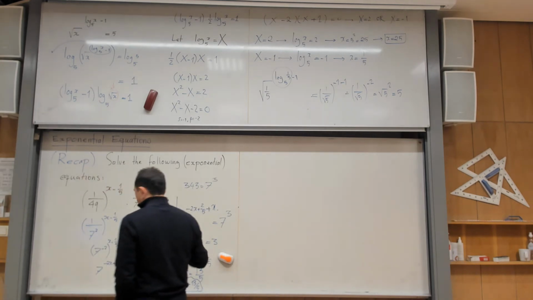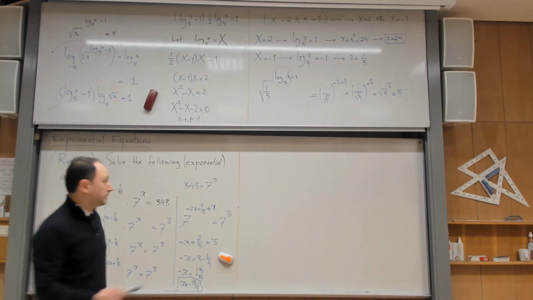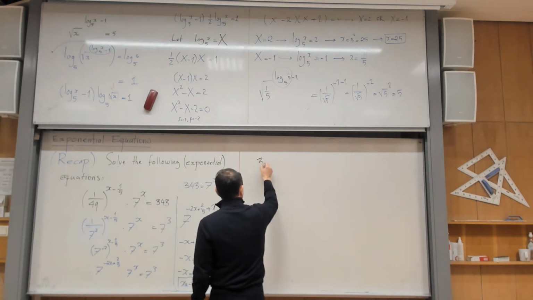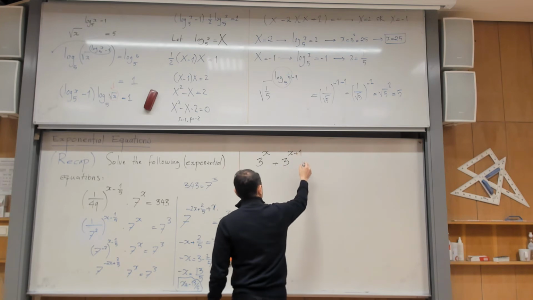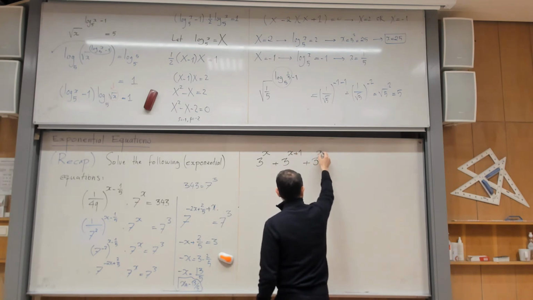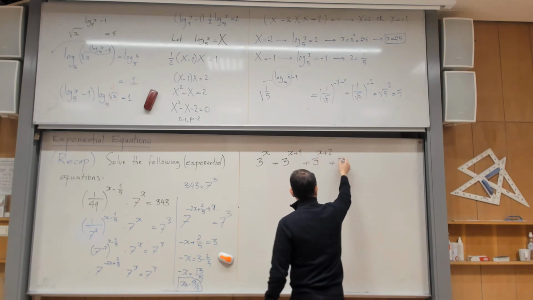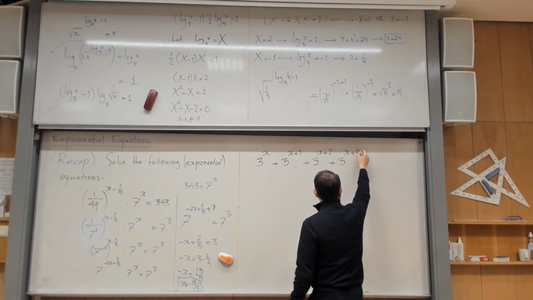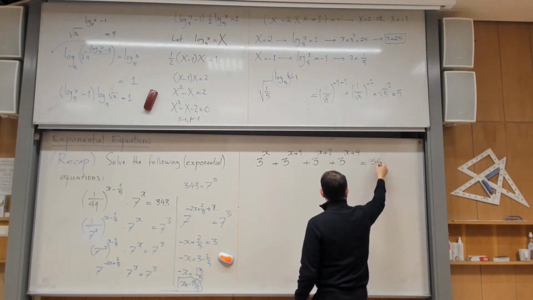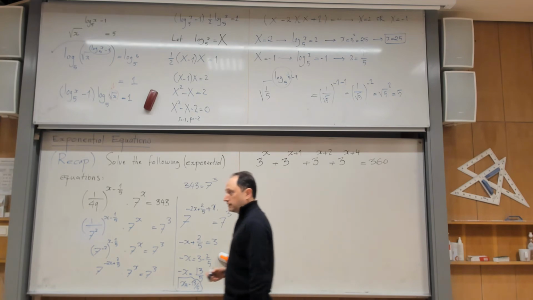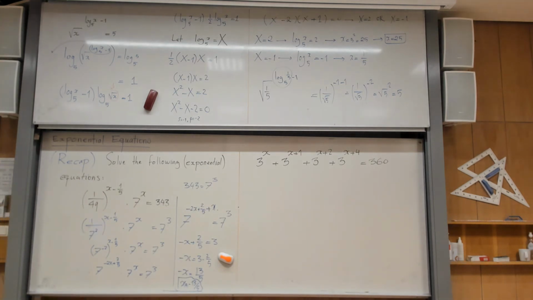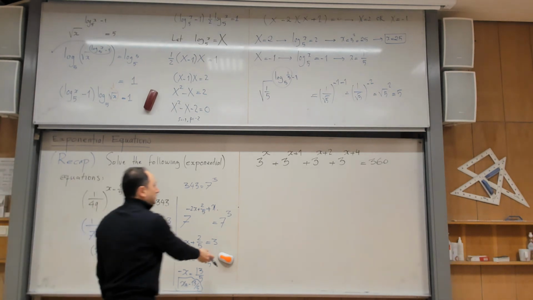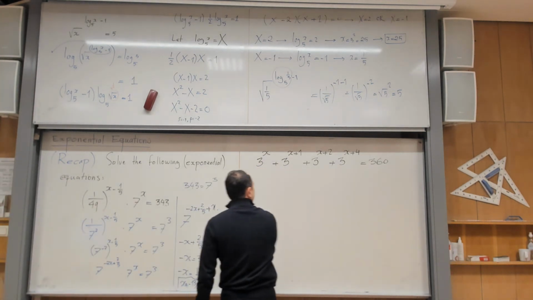3 to the power of x plus 3 to the power of x plus 1 plus 3 to the power of x plus 2 plus 3 to the power of x plus 3 is 360. Sorry, that is 3. 1, 2, 3.